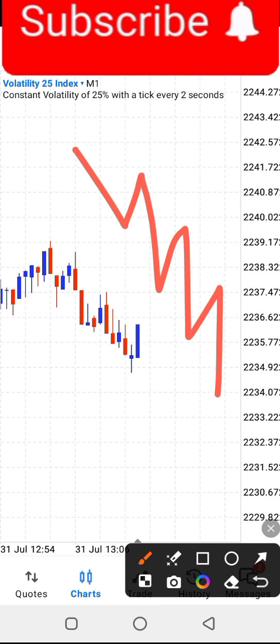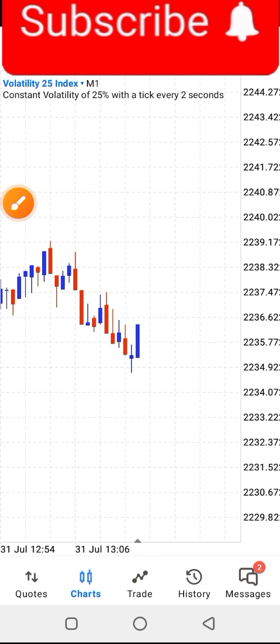So that is just the reason why you have different trends on different time frames. Now, let's say a step lower, probably H4, is giving you a downtrend. Then why is it that M1, a much smaller time frame, is showing us as if we are about to enter an uptrend? Very simple.